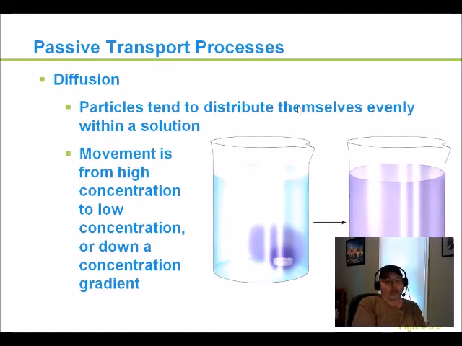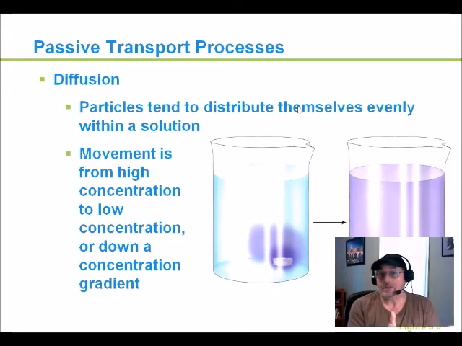And at that point, we have what we call an isotonic solution. A hypertonic solution is where we have a concentration heavier in one area than another. And a hypotonic solution is where we have a concentration less in one area than another.